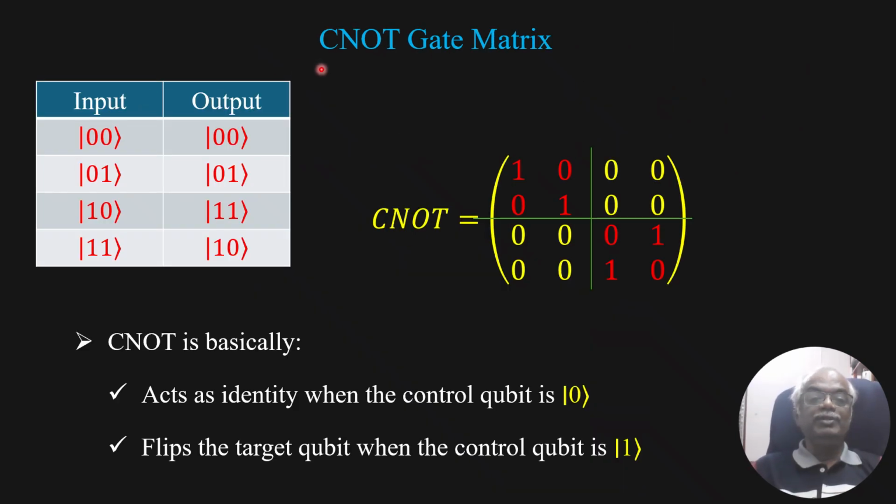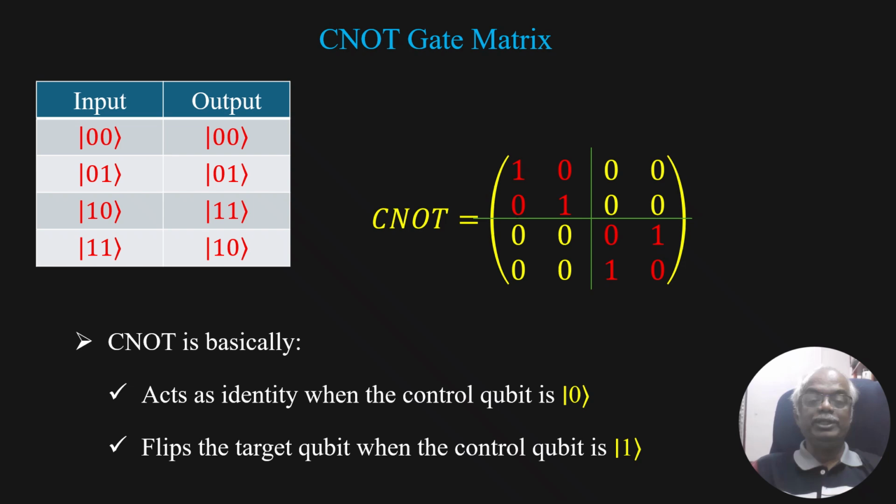Now we will see the CNOT gate in matrix form. We know the truth table. If the first bit, which is the control bit, is 0, nothing will change in the output. If the control bit is 1, it flips the target bit. So 1,0 becomes 1,1, and 1,1 becomes 1,0, because 1 flips this 0. I want to write it in matrix form. So what will happen if 0,0?